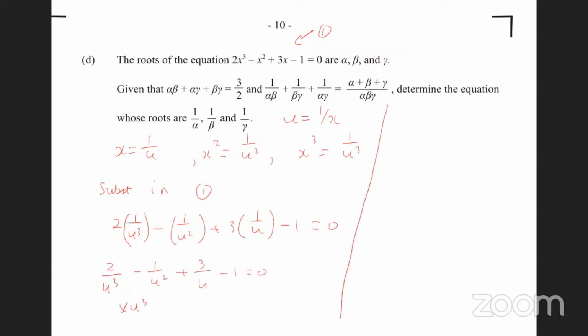Multiply everything by u cubed. So you'll get 2 minus u plus 3u squared minus u cubed is 0. You could rearrange it, and you'll get positive u cubed minus 3u squared plus u minus 2 is 0. And then you could replace with x. So you'll get x cubed minus 3x squared plus x minus 2 is 0.